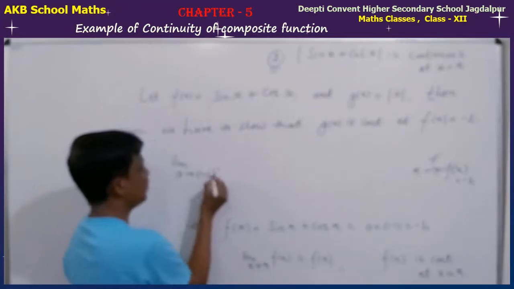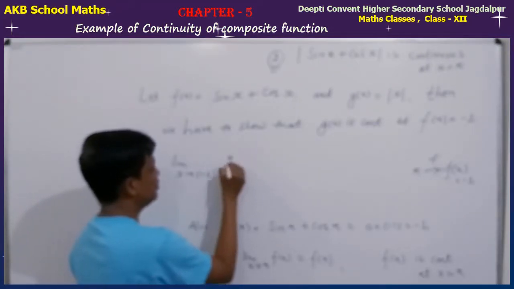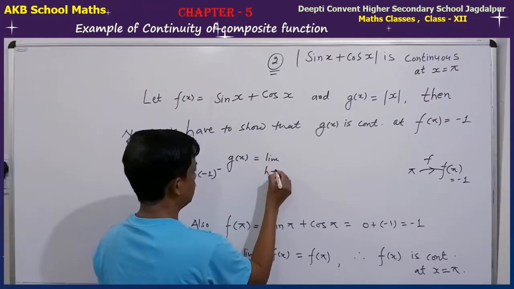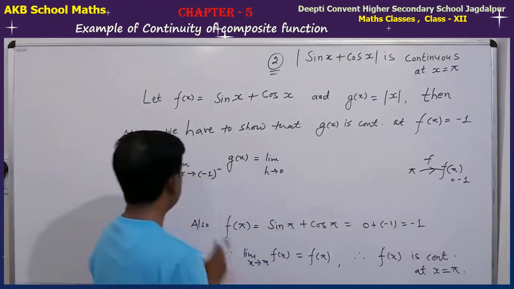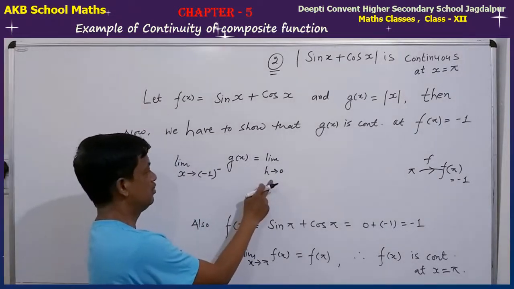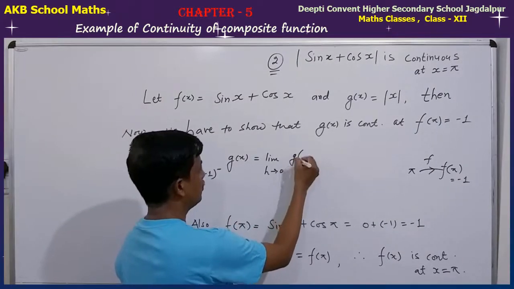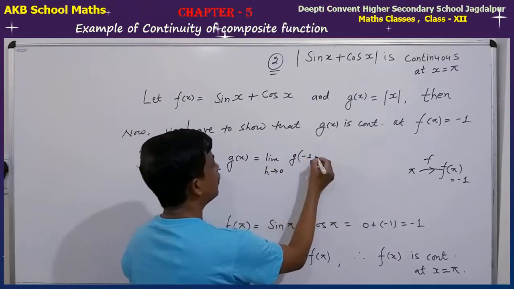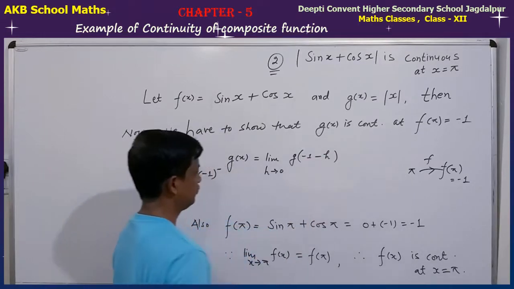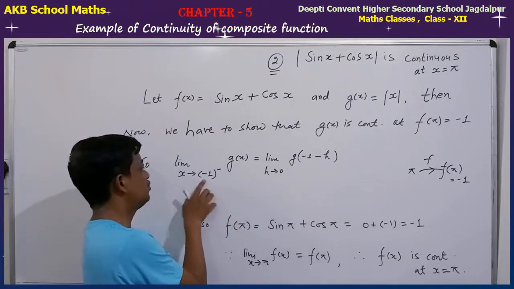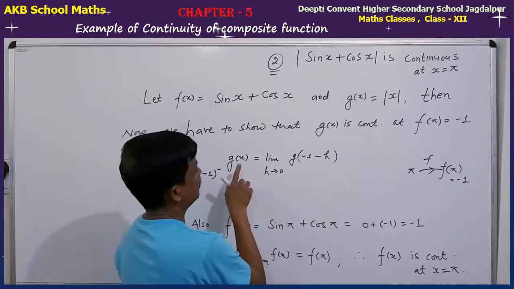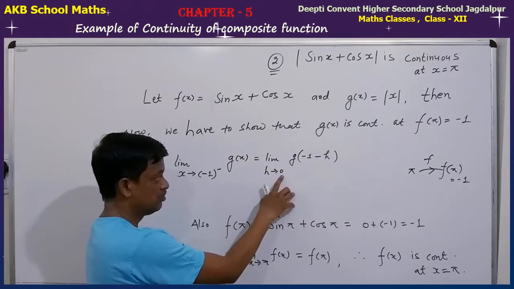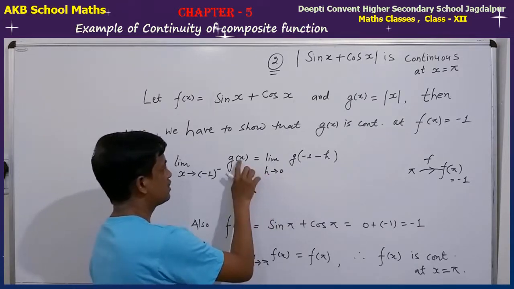So x tending to -1, the left hand limit of g(x) equals limit h tending to 0 of g(-1 - h). You can write like this, because if h tending to 0, then x tending to -1.